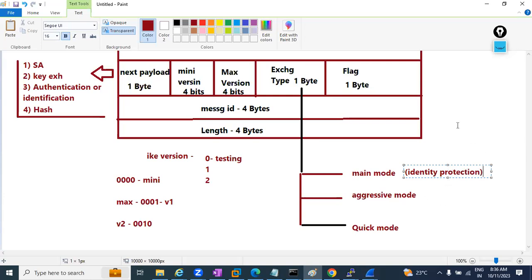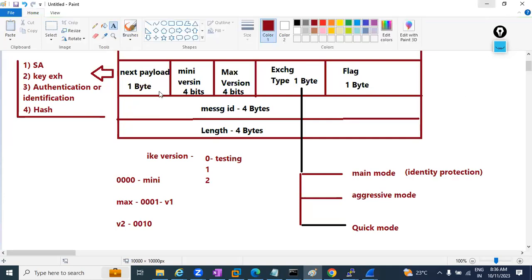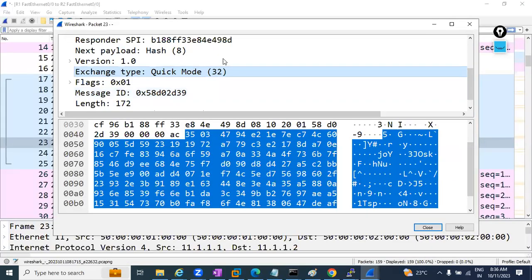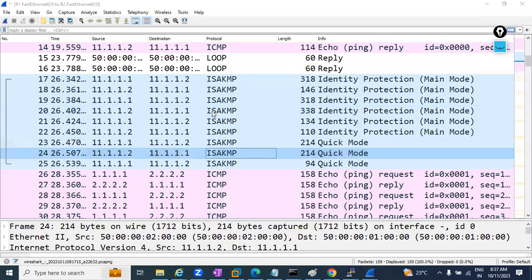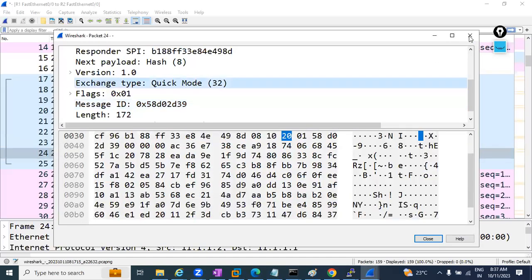But for quick mode, we do not have any other names. This is just a simple quick mode. Same with this, again we have quick mode.